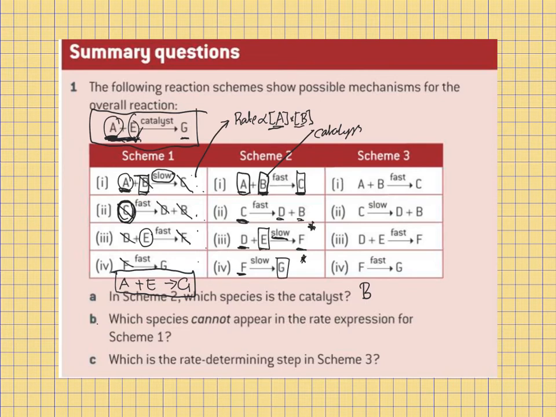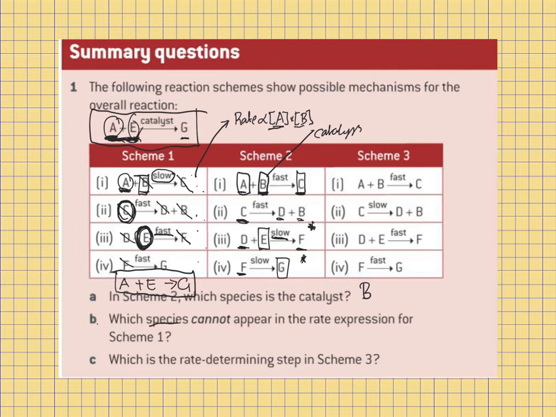Species C can't appear because it's an intermediate, but more importantly, E is a reactant, and E also takes place in a fast reaction. So no matter how much you increase the concentration of E, the rate will not be affected, and therefore which species cannot appear in the rate expression?